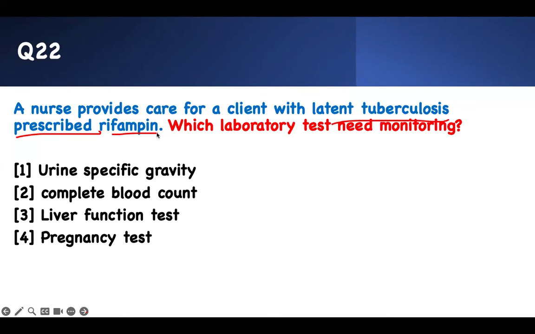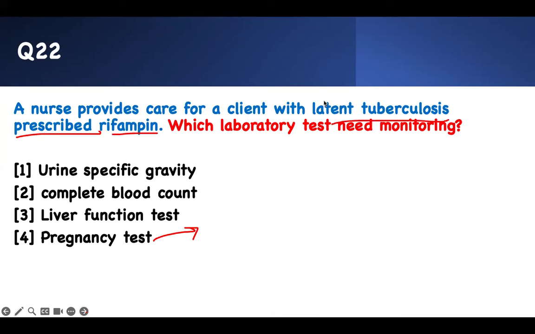Do you check their CBC, liver function test, or pregnancy test? I know you people can get trapped with this, right? It makes birth control ineffective, but that doesn't mean you have to check pregnancy. You just teach them that hey, you can't take contraception. It makes the oral contraception ineffective, but nothing to do with the pregnancy, right?